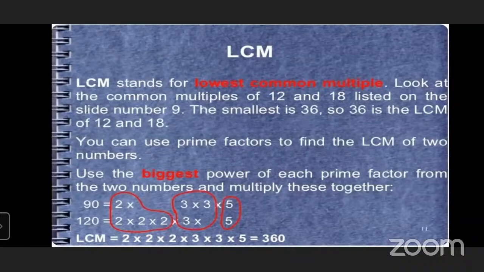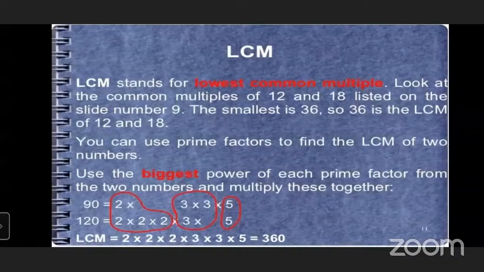You can also use factors to find the LCM of two numbers. Use the biggest power of each prime factor from the two numbers and multiply these together.